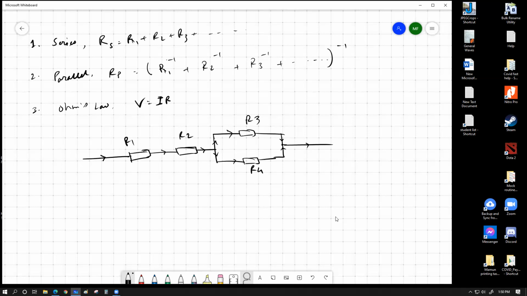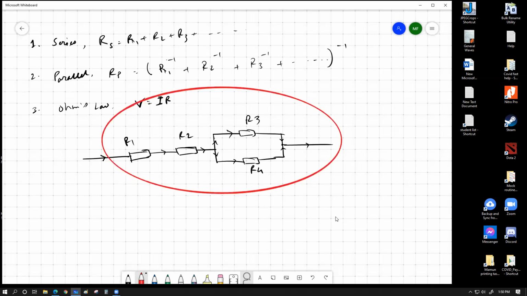So this whole thing is considered a series combination. This is a series component, which you can see as a single component. This is also a series component, and this entire combination we have seen over here is considered to be one single series component.